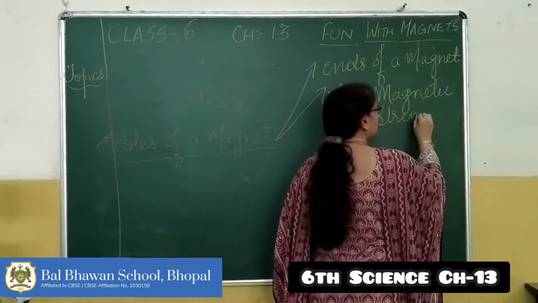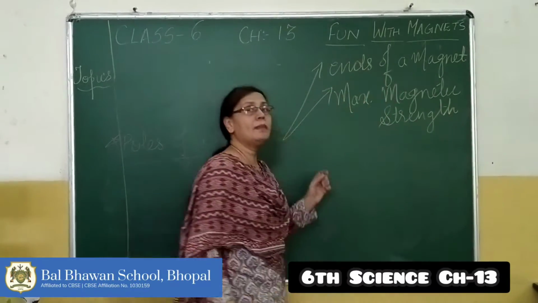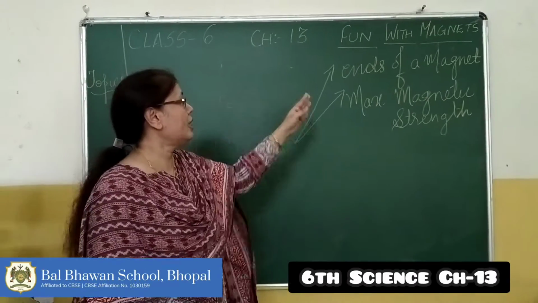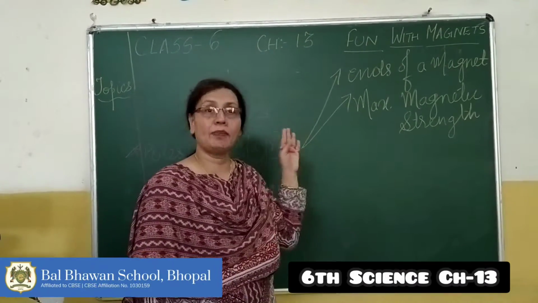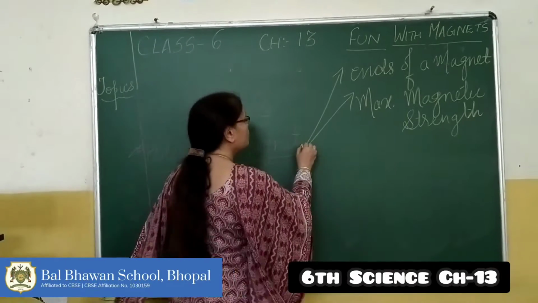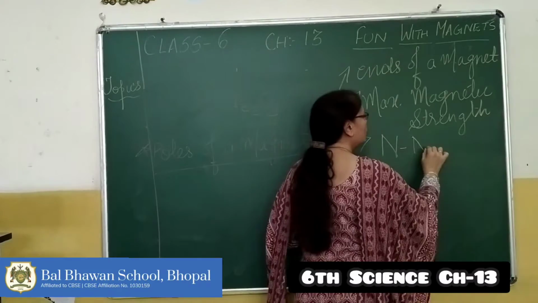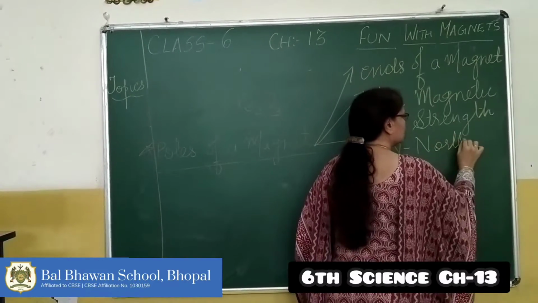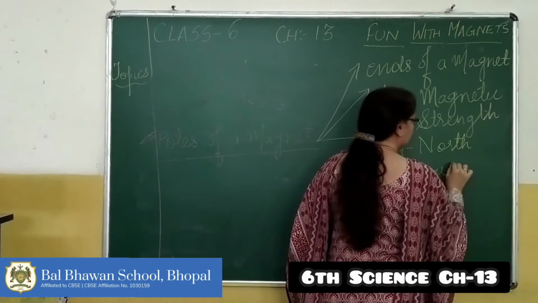That is, maximum magnetic strength is at the two ends of a magnet. Now, how do we represent these two ends? We use two alphabets, N for North Pole and S for South Pole.